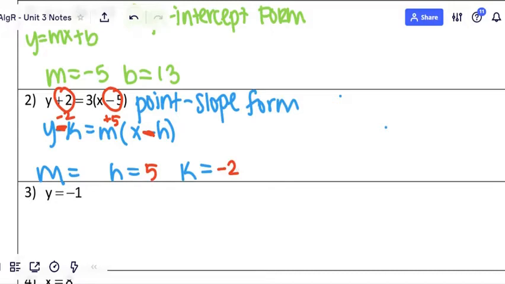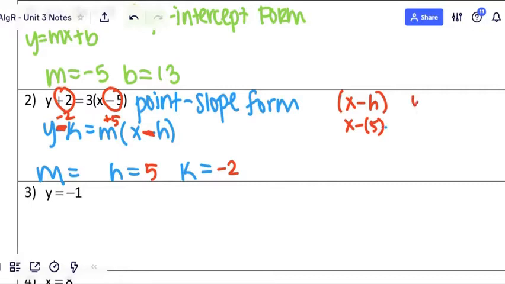So why does it happen that way? Well, if I consider x minus h, whatever number gets plugged in for h must be the opposite because that minus sign in front of it changes that value. So if h is 5, when I substitute 5 in for h, you can see that now it looks like a minus 5.